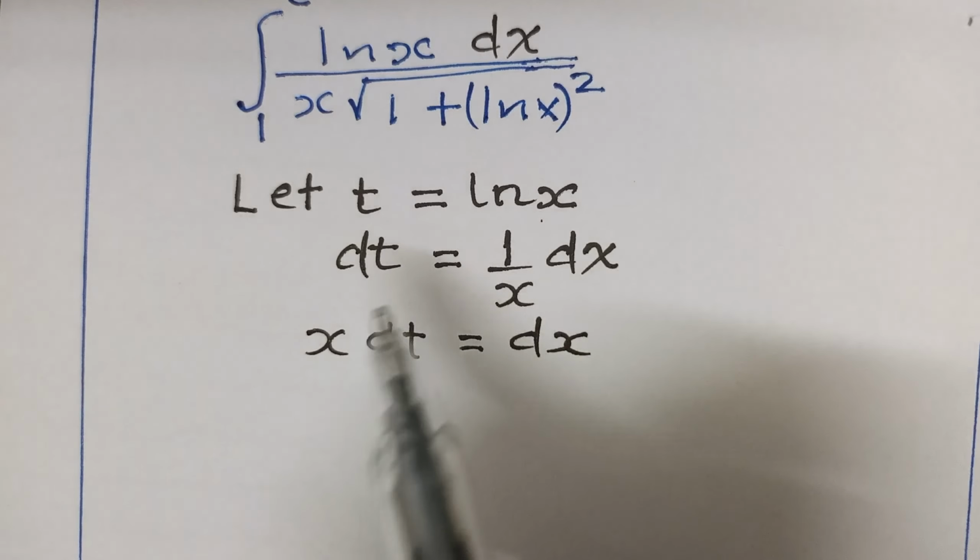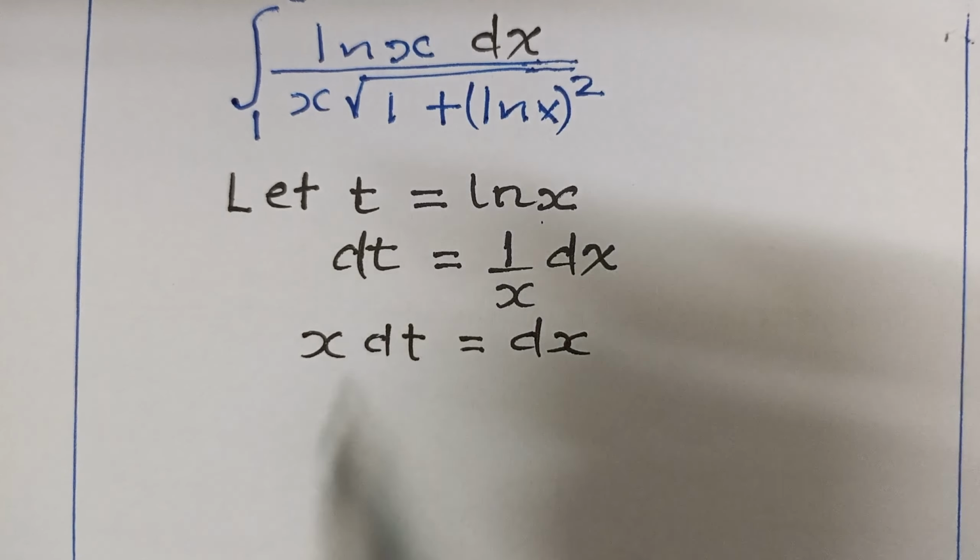So guys, now we can replace for dx and ln x. First, before that, we can replace for the limits, because we are now going to have an equation with respect to dt. And so therefore, guys, we are going to have ln 1, which comes to 0.